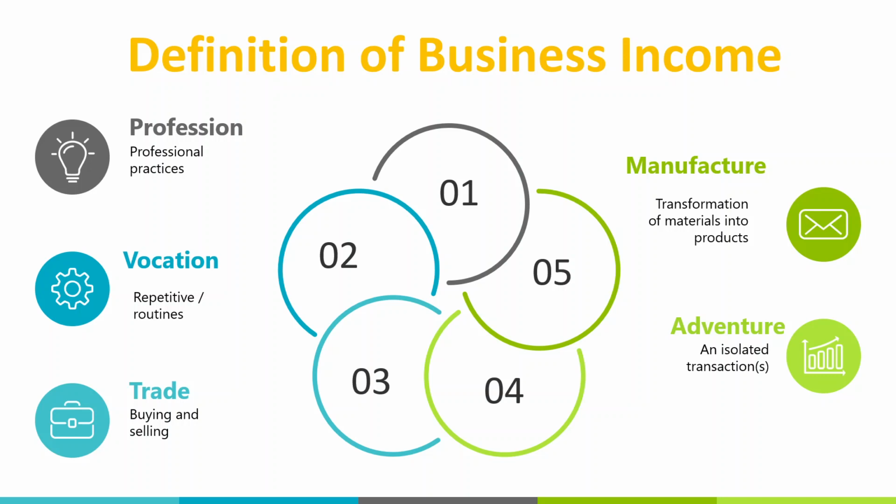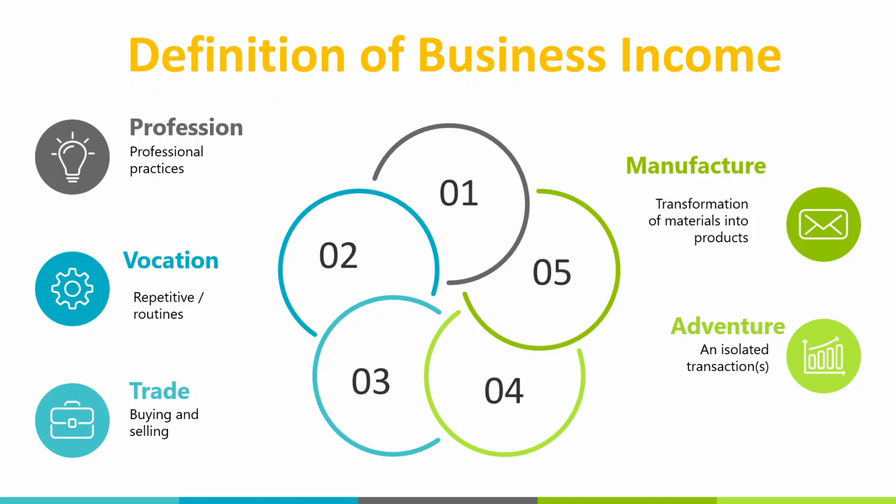Some people, every day or every weekend, go to the clubhouse and they bet. If they have income, that is their routine, and whatever income they generate from this kind of activity can be treated as business income.